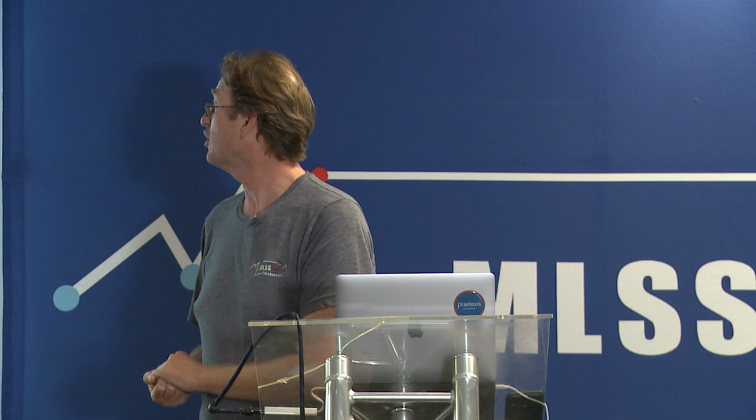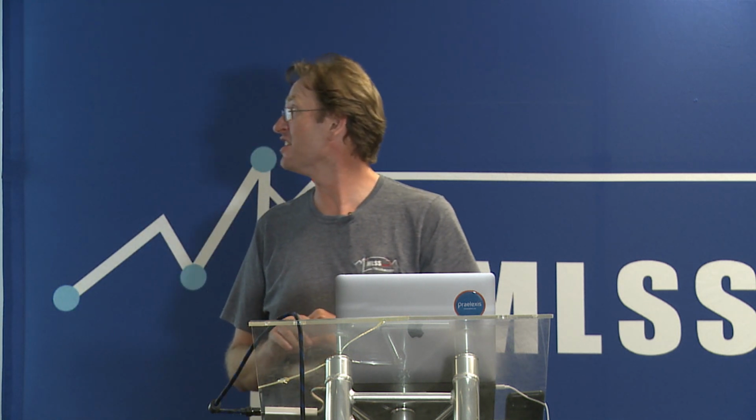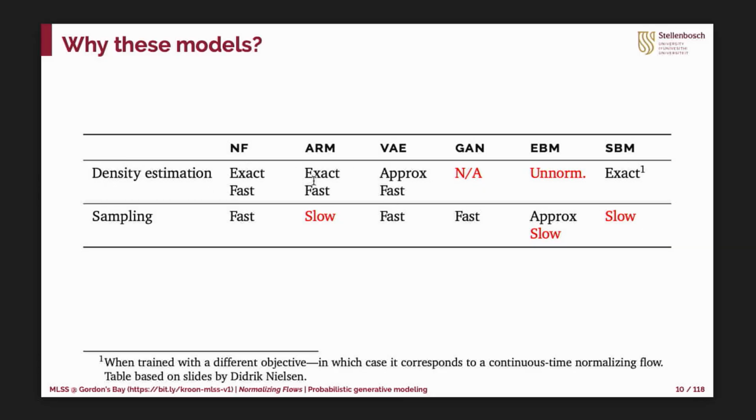And certain models have got drawbacks, which I've highlighted in red here. And this motivates my interest in normalizing flows and variational autoencoders, because they've got fewer drawbacks in some sense than other ones. But your mileage may vary. Someone else would have a different list of requirements here and be interested in a different model.